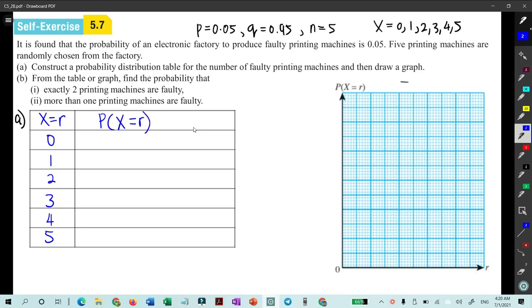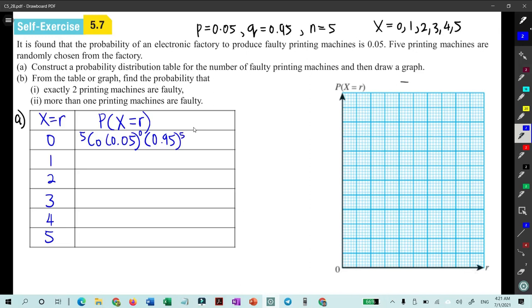So the first one, 5C0, 0.05 to the power of 0, multiplied with 0.95 to the power of 5.